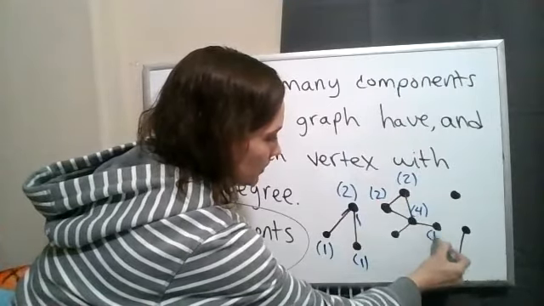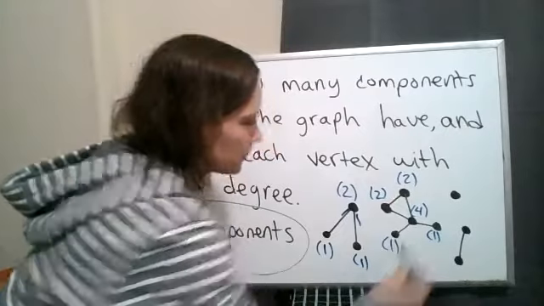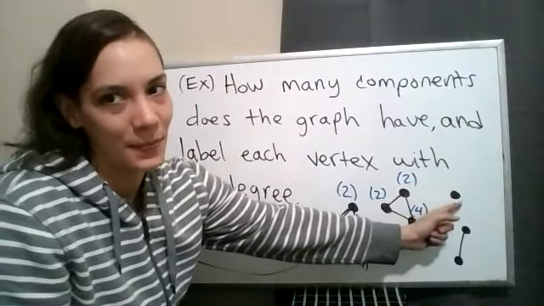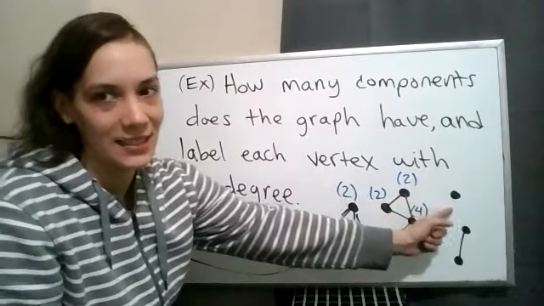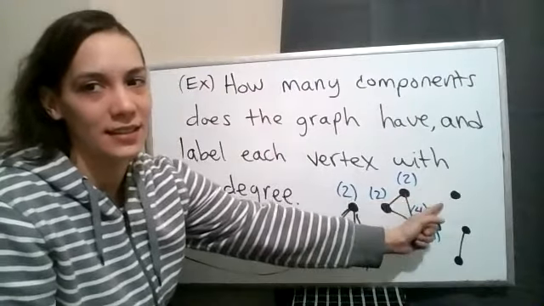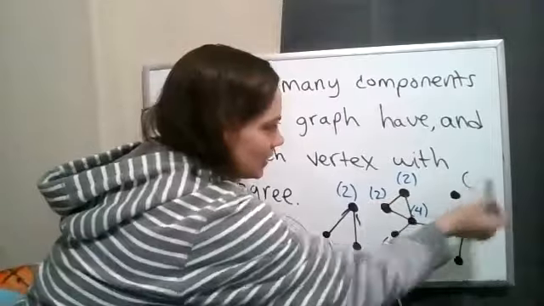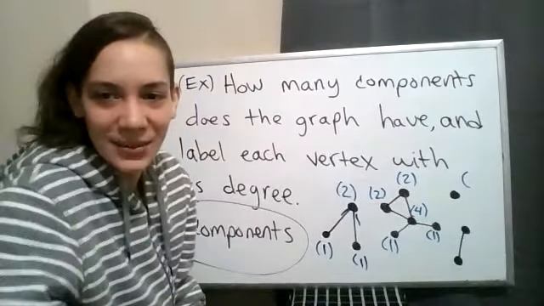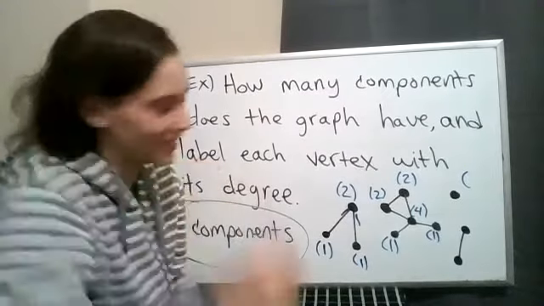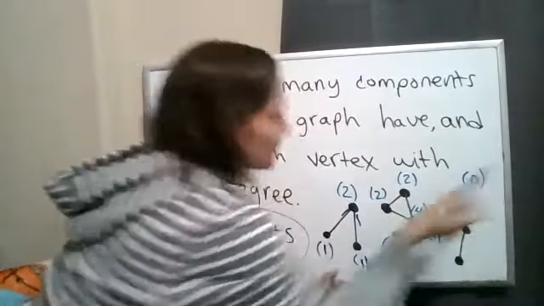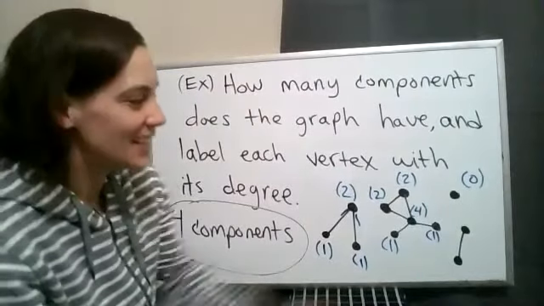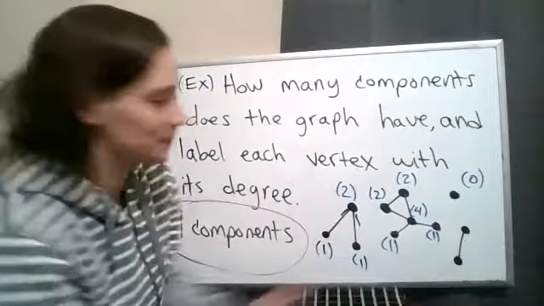This one's degree 1, degree 1. Let's go here. What do you think this degree is? How many edges connect to the dot? None. Let's see. We have a guess. Yes. Cool. And that's degree 1, degree 1.